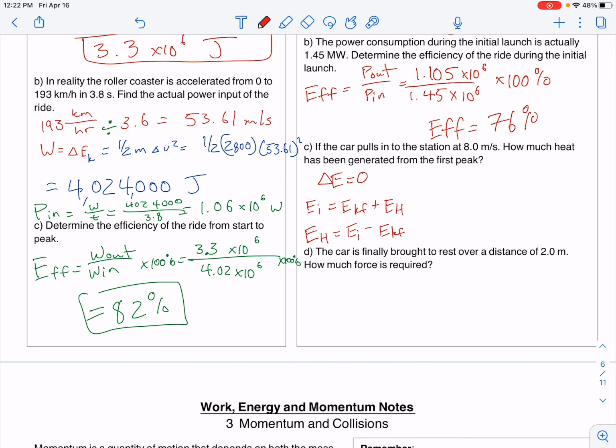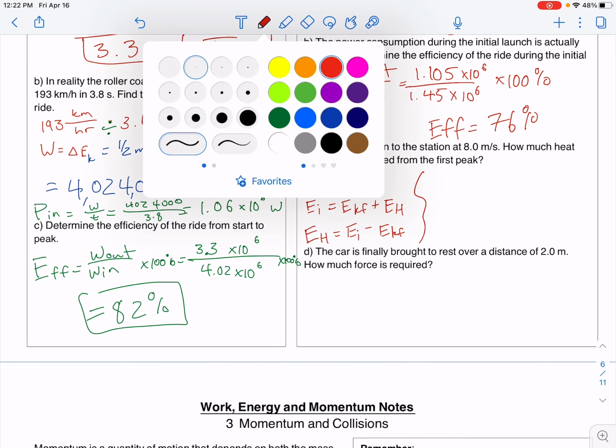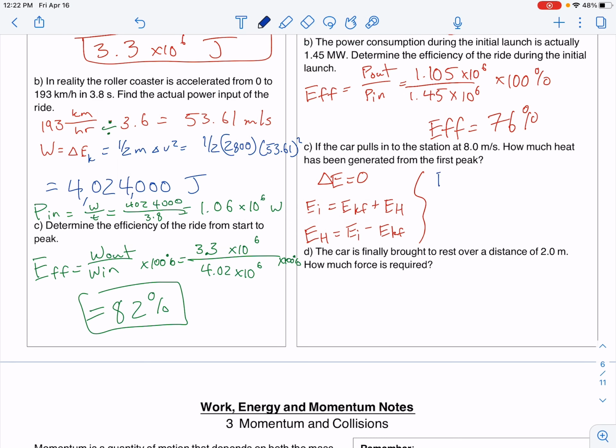So I know that my thermal energy will equal, what did I get earlier?